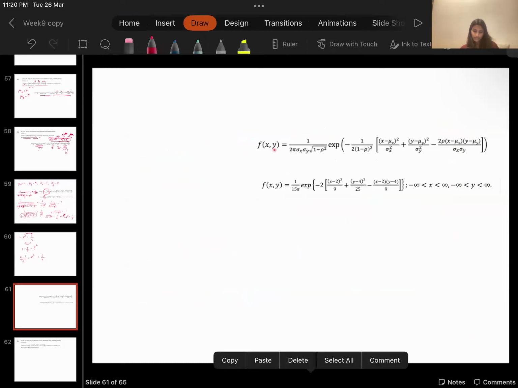So, wait, if you look at this last term, you have minus 1 by 2 into 1 minus rho square. No, minus into minus becomes plus. So, 2 rho divided by sigma x, sigma y.